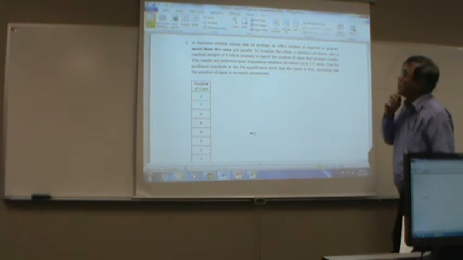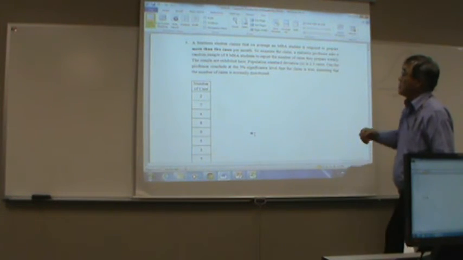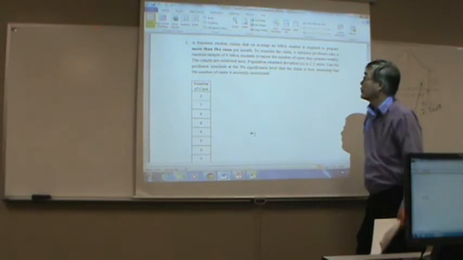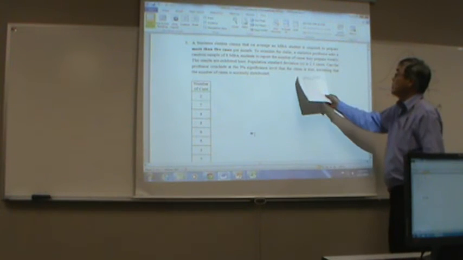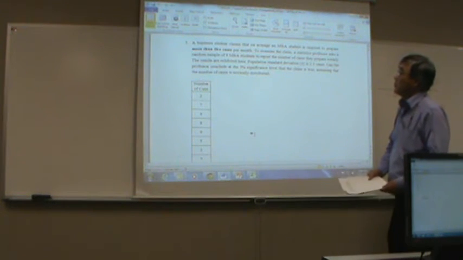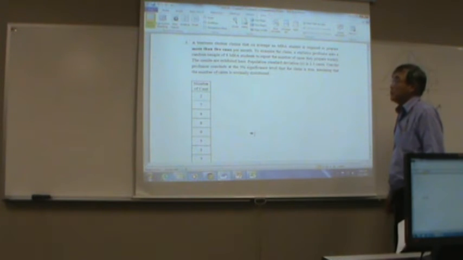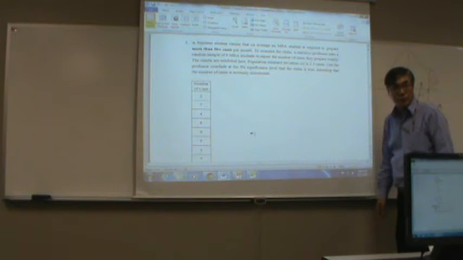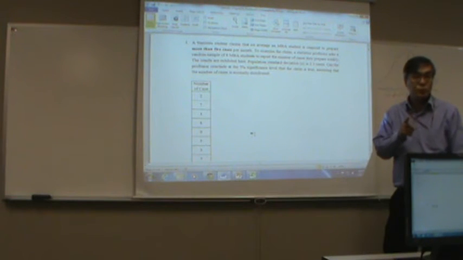The result is exhibited here. Population standard deviation is 2.3 cases. Can the professor conclude at the 5% significance level that the claim is true?